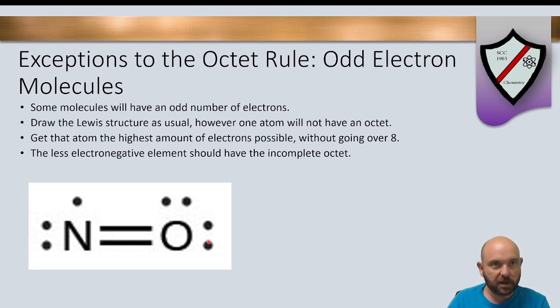They never go over 8 electrons. They are not big enough. So they can't break the octet rule that way. They can, in some cases, really particular cases, have less than 8. And when they do, you try to get them as close to 8 as possible. And the least electronegative element should be the one missing out. Oxygen wouldn't miss out here because he pulls the electrons to him.